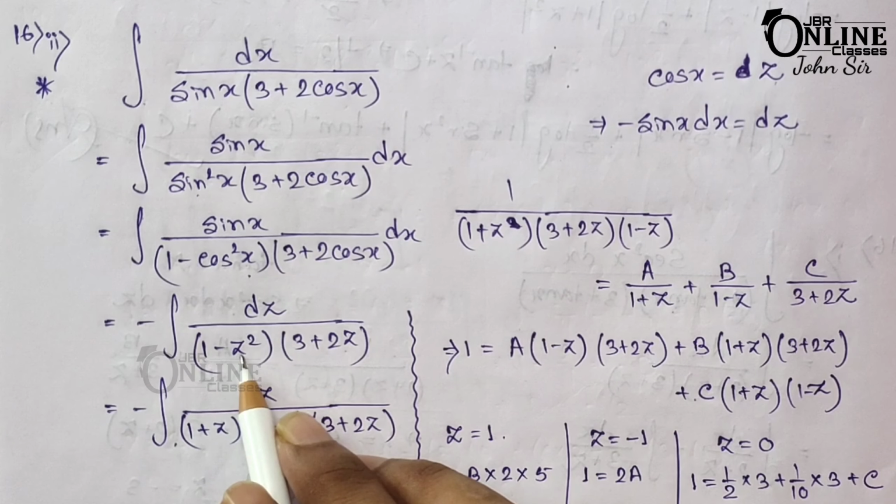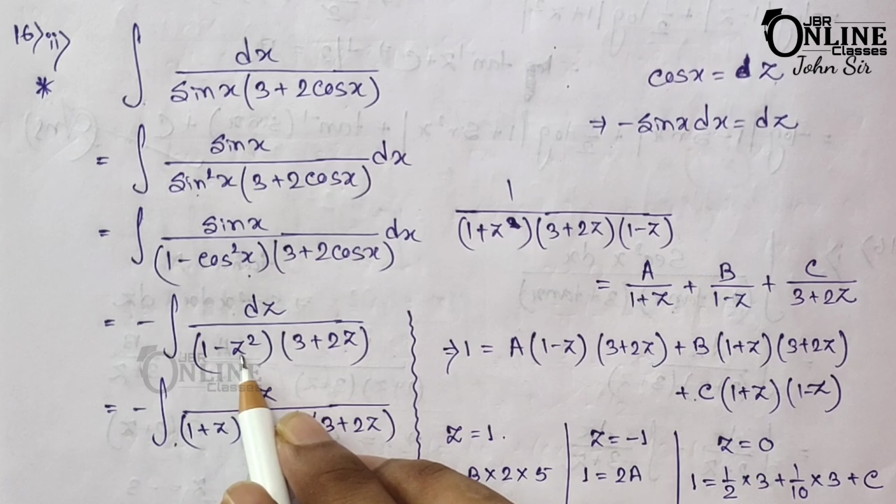Now 1 minus z square means the a square minus b square formula. So (1 plus z)(1 minus z)(3 plus 2z). Now you have to solve this integration by partial fraction. So first write this equal to a by 1 plus z plus b by 1 minus z plus c by 3 plus 2z.